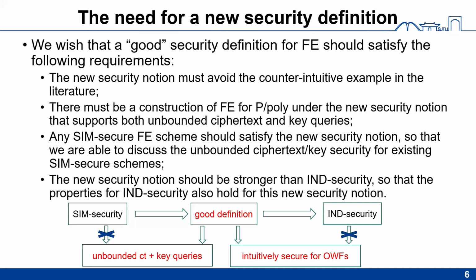Third, any SIM secure FE scheme should satisfy the new security notion, so that we are able to discuss the bounded ciphertext and key security for existing SIM secure schemes. And last, the new security notion should be stronger than IND security, so that the properties of IND security also hold for this new security notion.